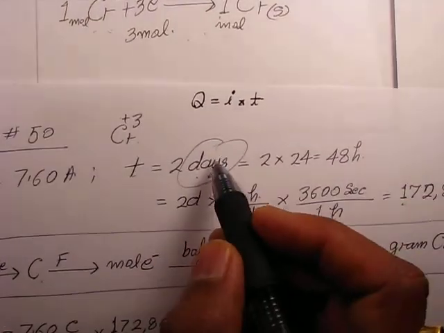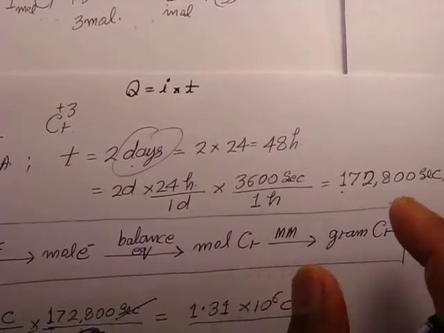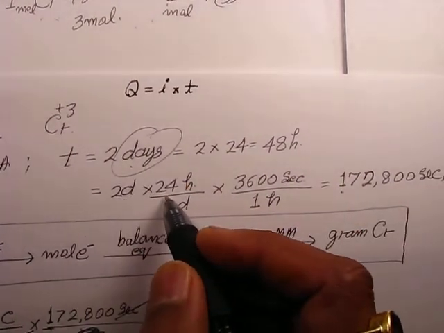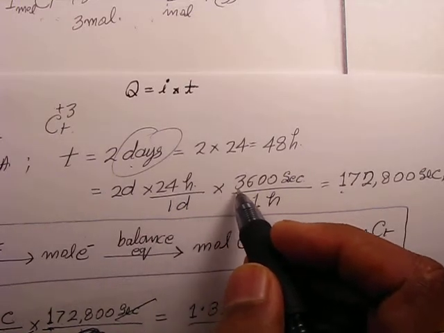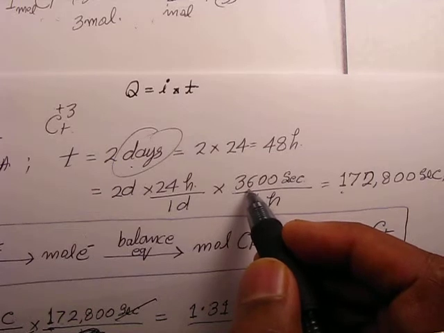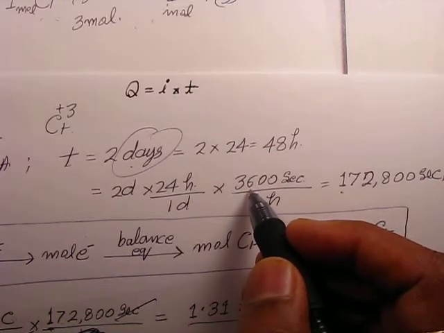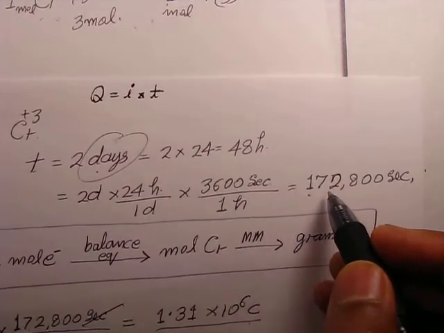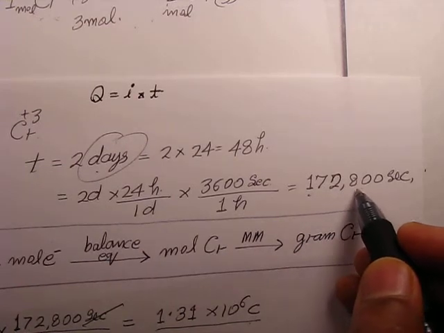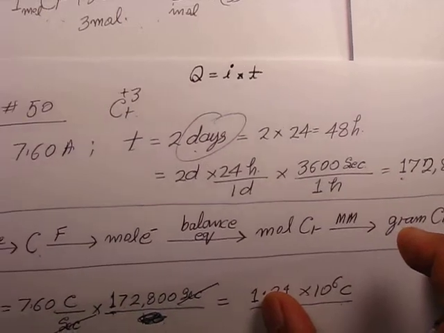So 2 days: 1 day has 24 hours, multiplied by 60 minutes in 1 hour, and then 60 seconds in 1 minute. So a total of 172,800 seconds will be in 2 days.